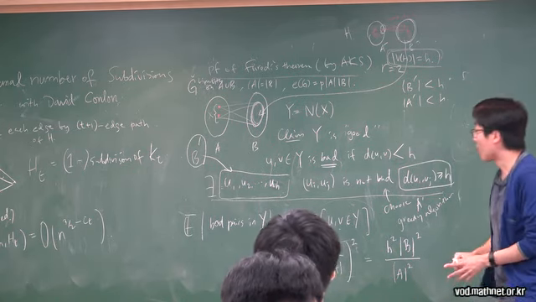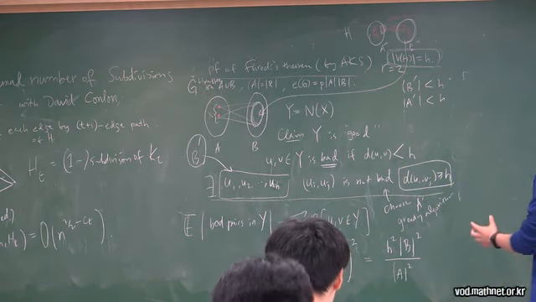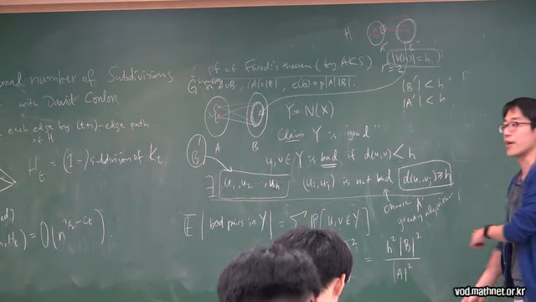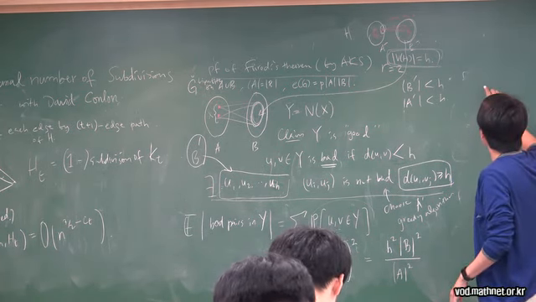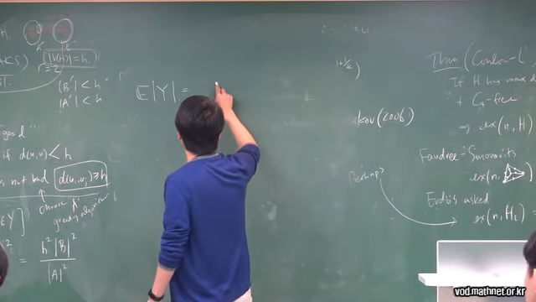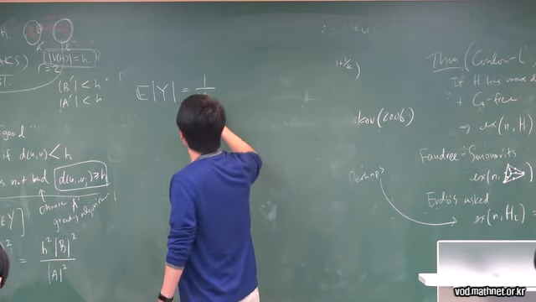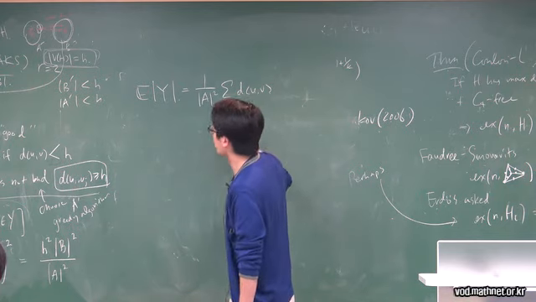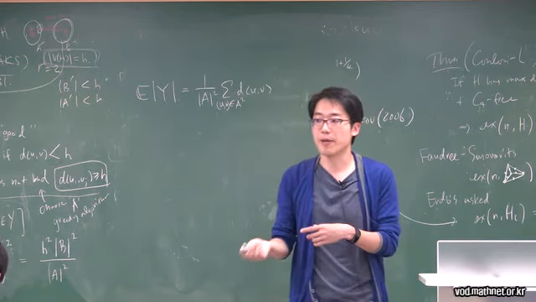The second part of the argument is that my Y is large enough compared to the number of bad pairs. So the expected size of Y is, let me average the size of common neighborhood over all pairs in A.